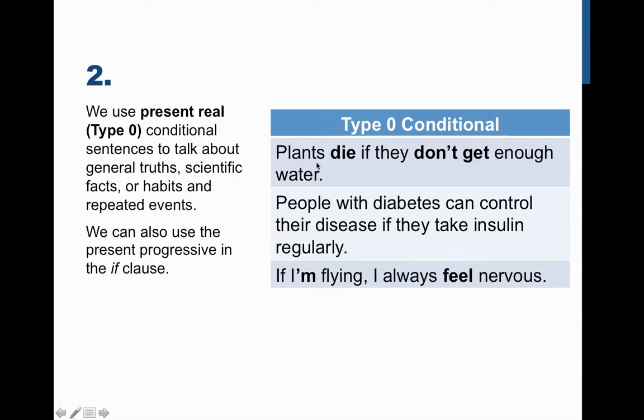So plants die if they don't get enough water. People with diabetes can control their disease if they take insulin regularly. If I'm flying, I always feel nervous. This is describing either a scientific rule, that's what these two are, or something that's always true.